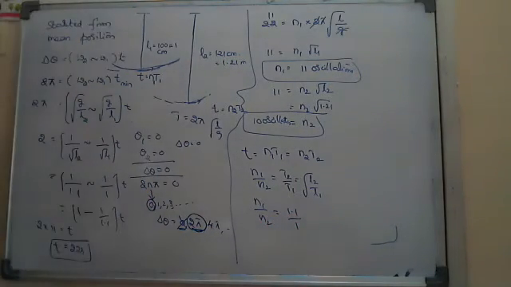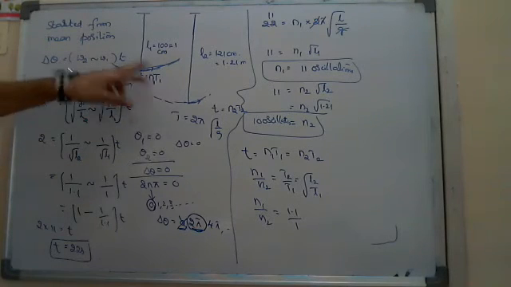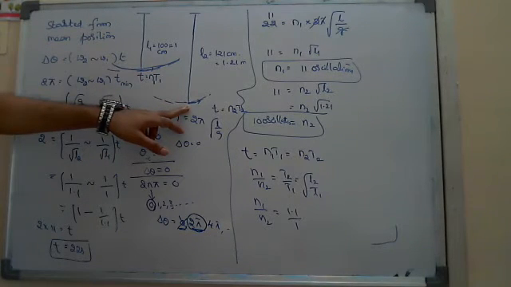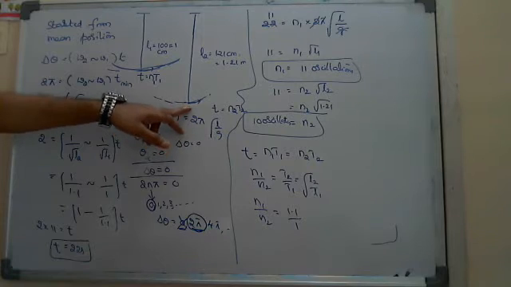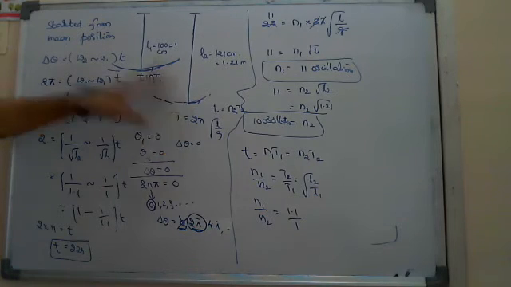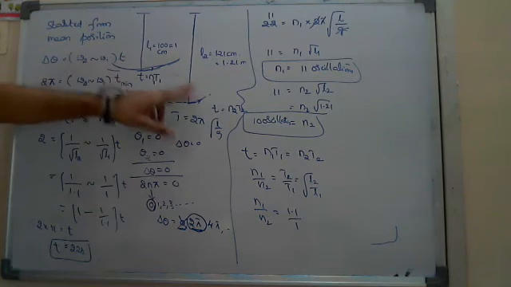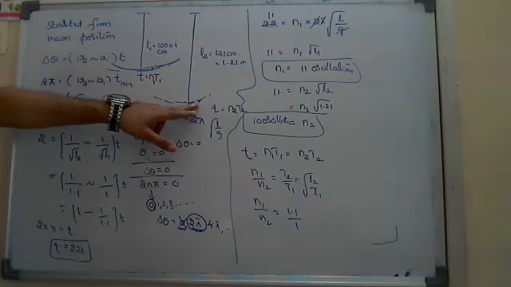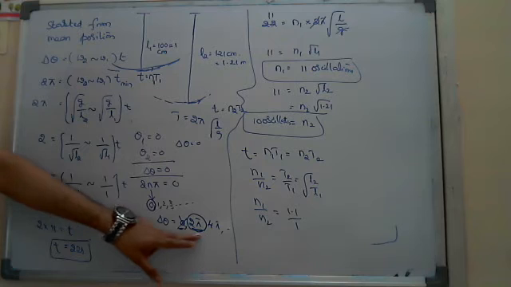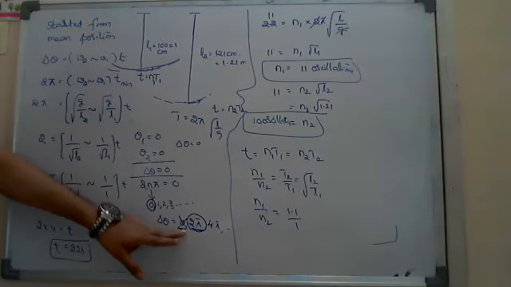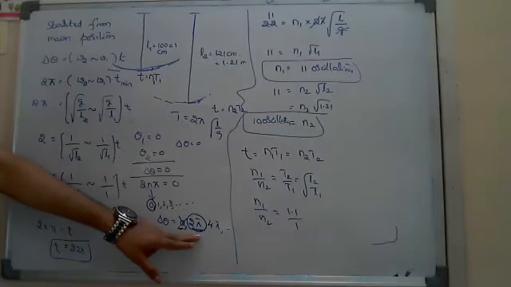Here the shortcut is: since both start from the same position in the same direction, the initial phase difference is 0. They will come into the same phase by maintaining a phase difference of 2 pi.